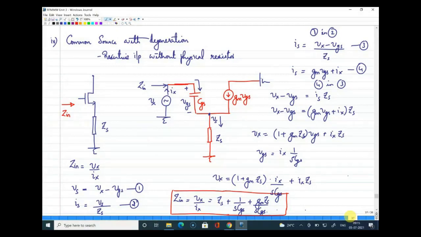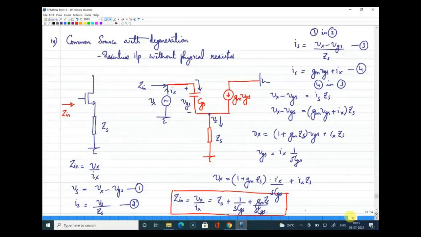For a circuit or system to have less noise, we can avoid resistive components, thereby eliminating the resistive noise coming from the resistor. So we looked at a common source with a degeneration impedance. We did not put specifically a resistance or some capacitance there. We looked at this configuration.